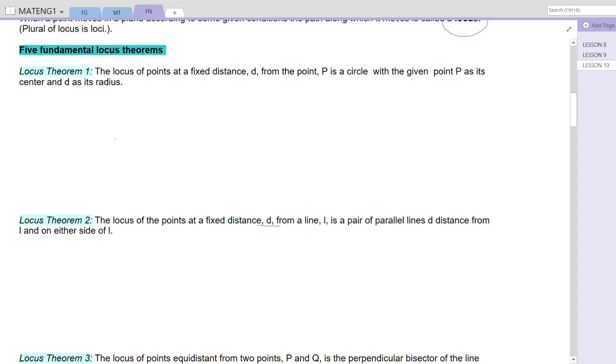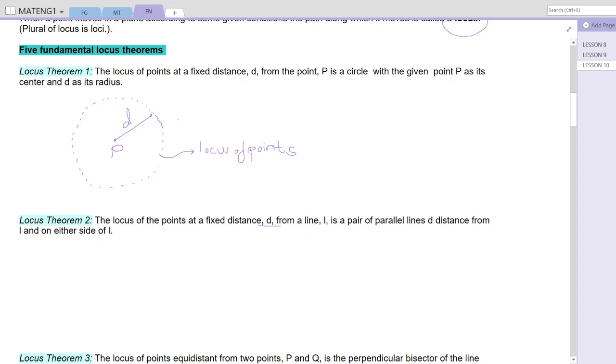The center of the circle is at P, and the set of all points at a distance d from it forms a circle. If that is a circle, this will be the set of all points, or the locus of points.